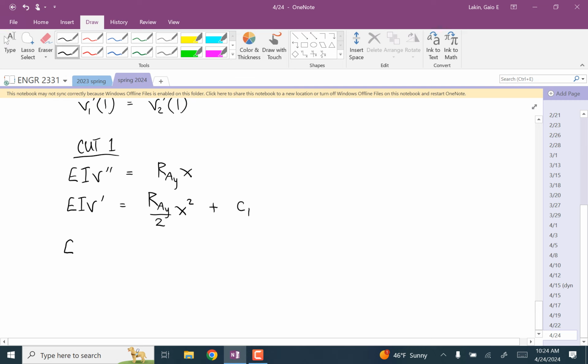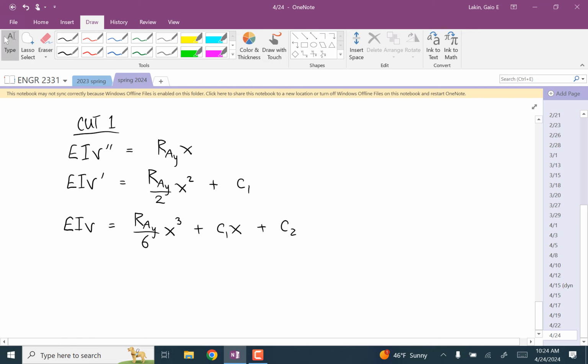Integrate again, and you get EIV is equal to RAY over 6 X cubed plus C1X plus C2. Okay?